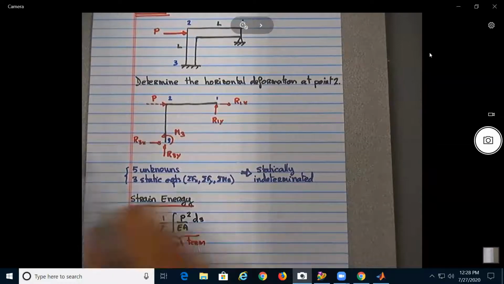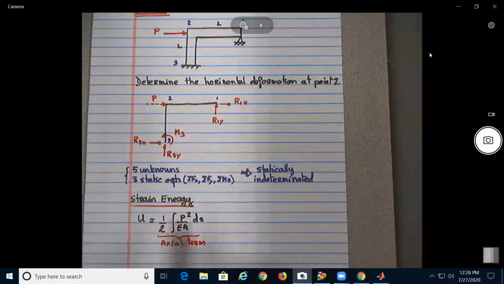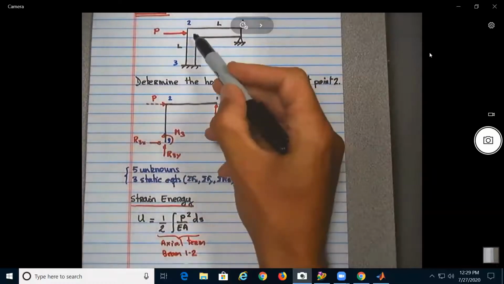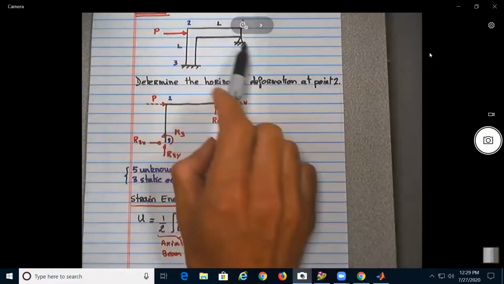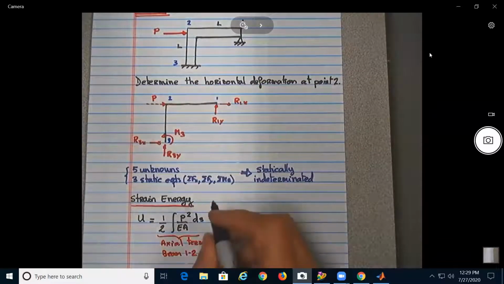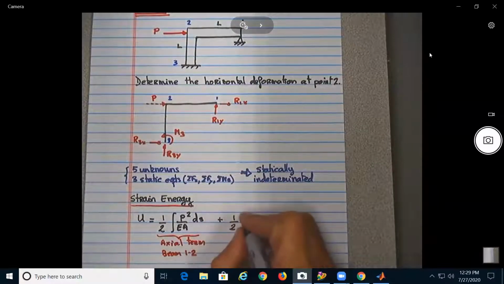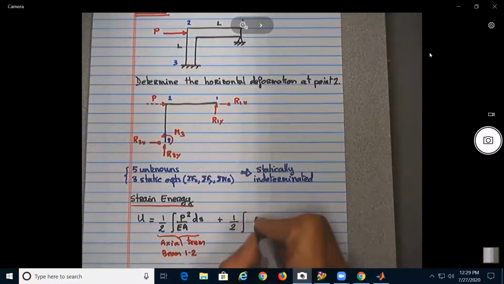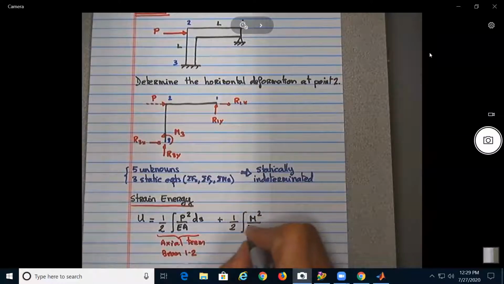Now, beam 2, 3 will be subjected to what type of loading? Beam 2, 3 will be subjected to bending, no? So now we need to define the strain energy from bending, which was 1/2 integral of M squared divided by EI, which is the one resisting bending, no?